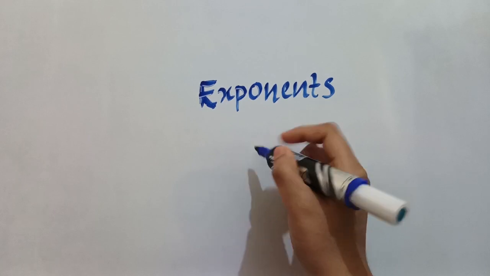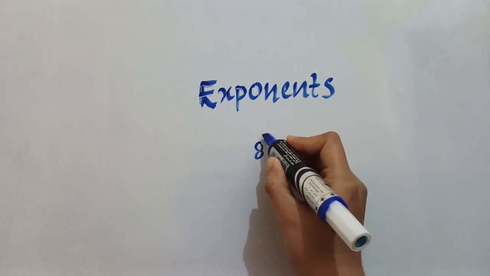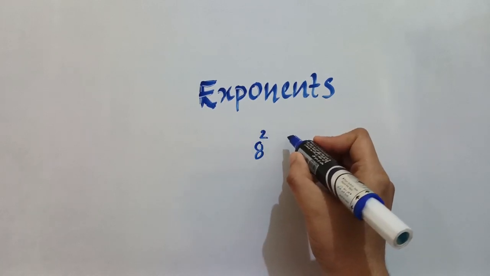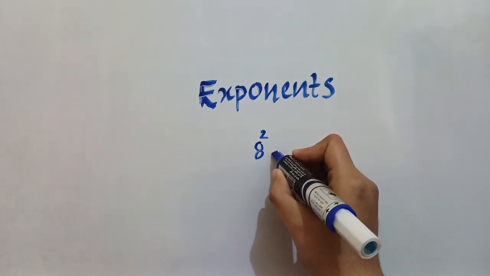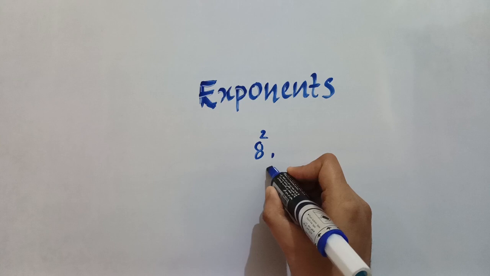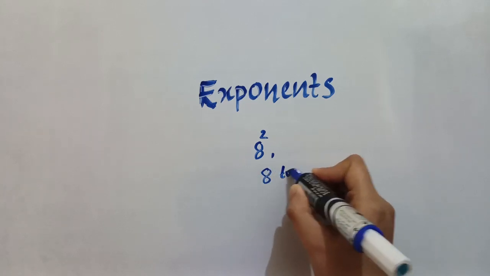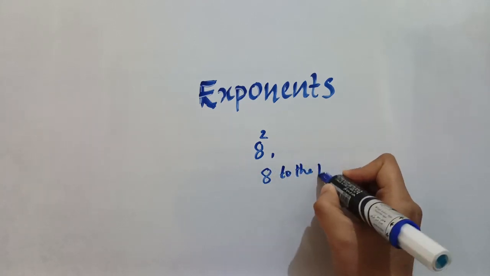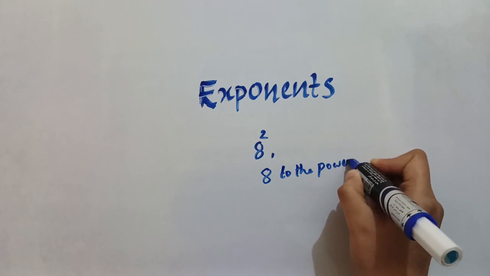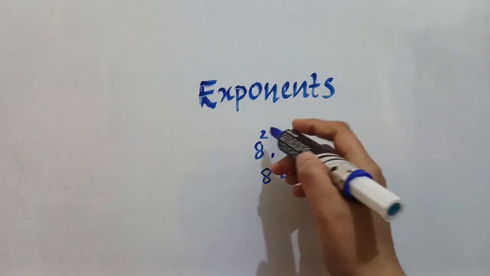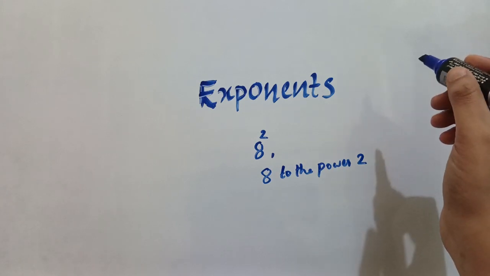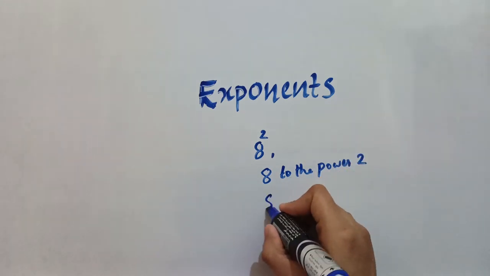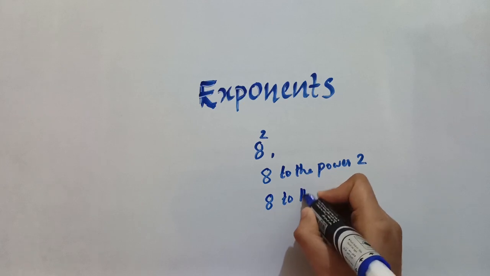Also, another example, if you write 8 square, then we can say 8 to the power 2. We call this as power, or 8 to the second power.